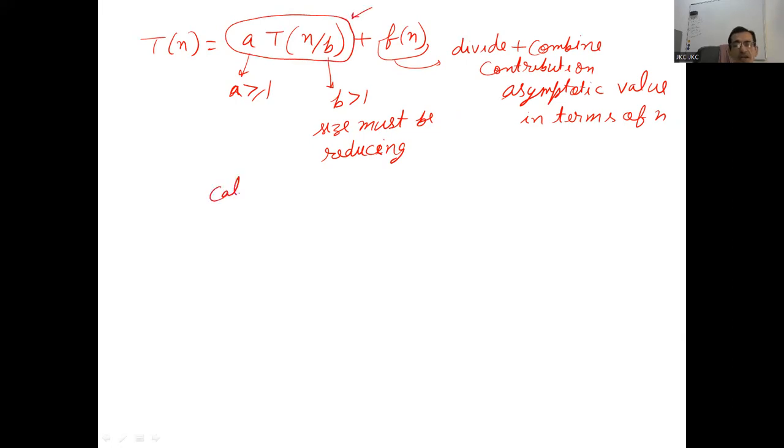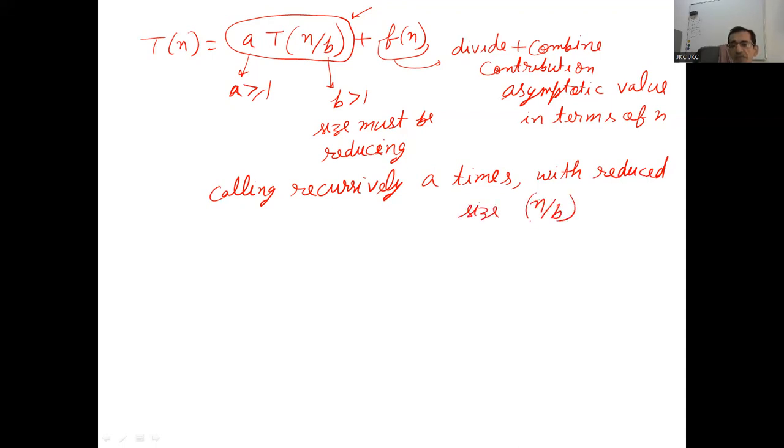If these conditions are satisfied, it effectively means that the problem is being solved recursively, calling the recursive function a times, each with a reduced size, say n by b. So a calls with size n by b.